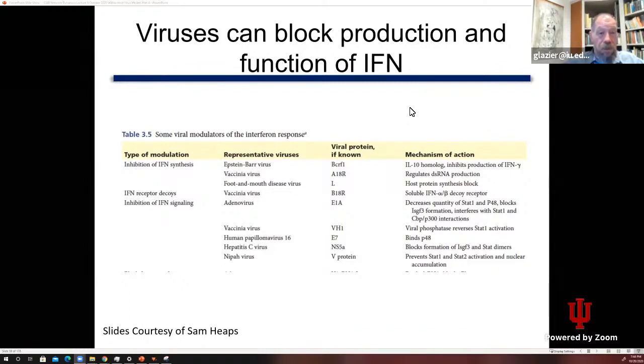It can reproduce a little bit, but the tissue is able to produce enough interferon that it blocks the spread of the virus. And so without that particular protein to disable the interferon system, or at least knock down the interferon system, influenza couldn't spread. Exactly what's going on with SARS-CoV-2, I'm not sure.